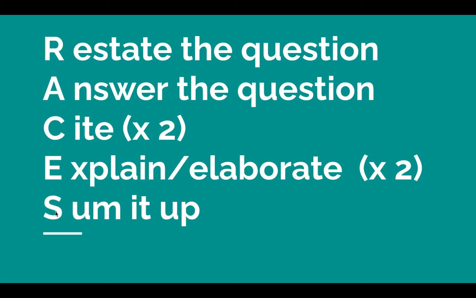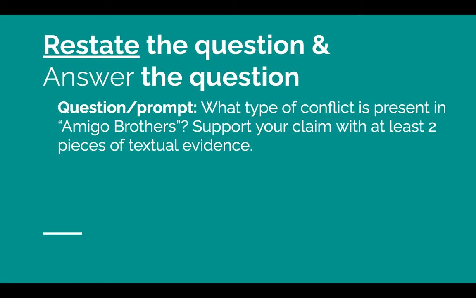RACES stands for restate the question and answer the question. These are the 2 things that you do in your claim. Then you cite, with a C, 2 examples of text evidence, and you explain or elaborate upon both of those examples. So 1 sentence of explanation per citation. And then you try to sum it up at the end of the response.